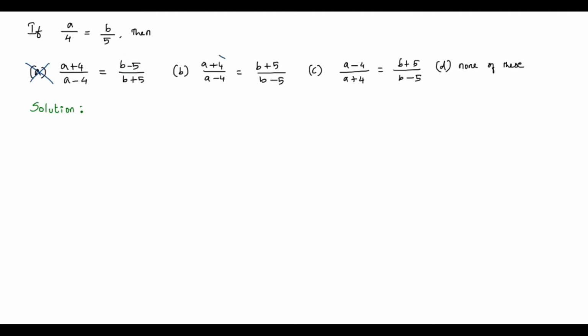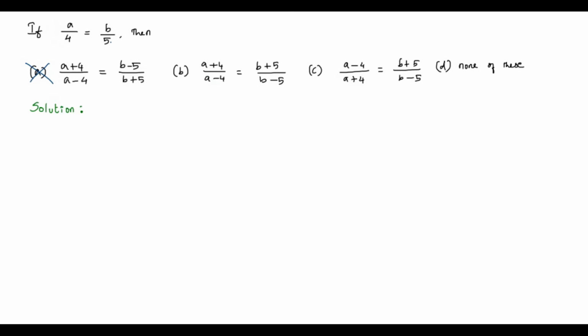Okay, now let's check option B. Here in the first term a and 4 are added, that is, the second term 4 is added to the first term, and here in the denominator 4 is subtracted from a, that is, the second term is subtracted from the first term. So we have addition first, subtraction next. So componendo dividendo almost we have. Okay, but we must have the same thing on the right side.